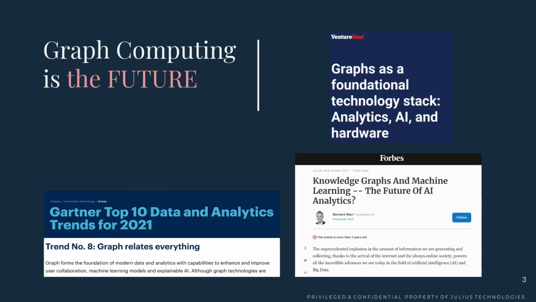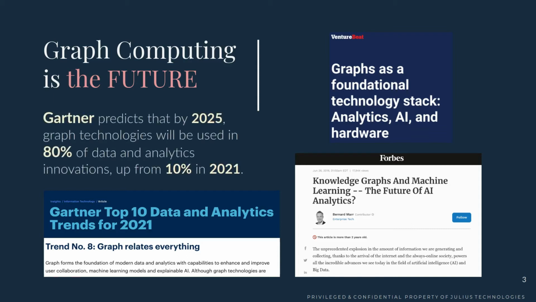Graph computing is an emerging technology that will play a foundational role in analyzing the interconnected data of the future. But most firms today can't benefit from graphs because they don't have the expertise and resources to build their own solutions. Julius brings the power of graph computing to the masses by making it easy to use and deploy at scale.